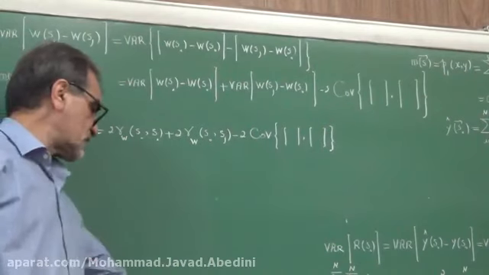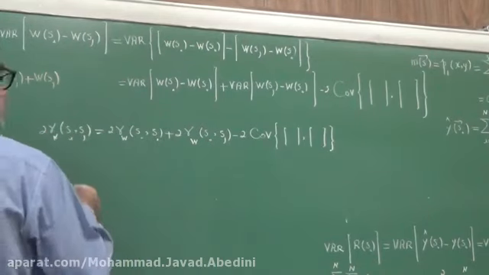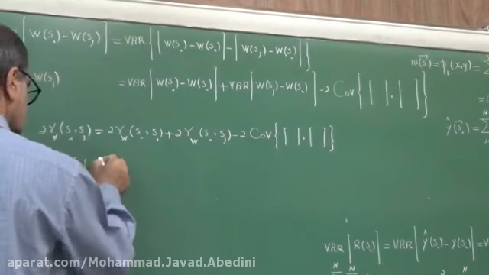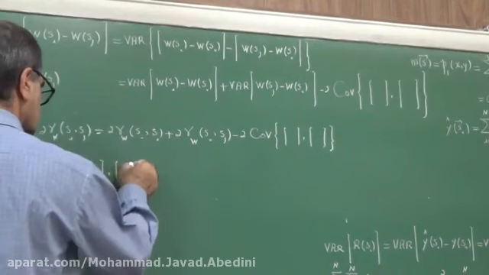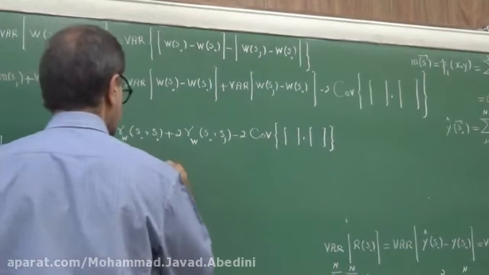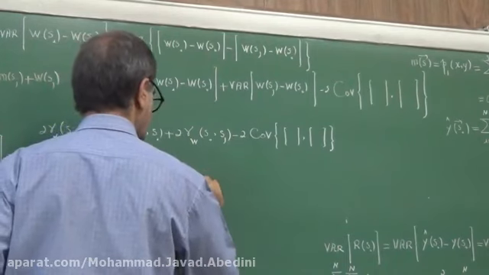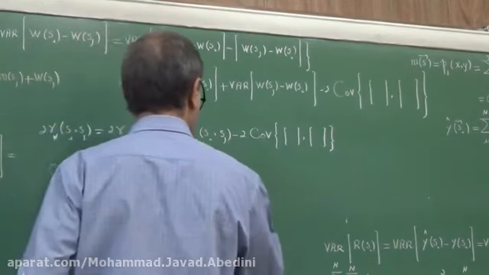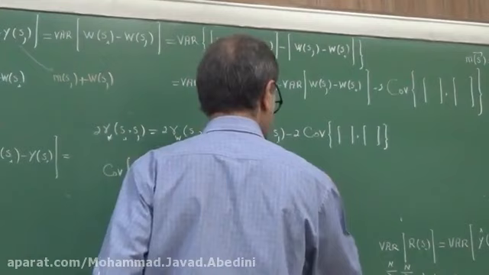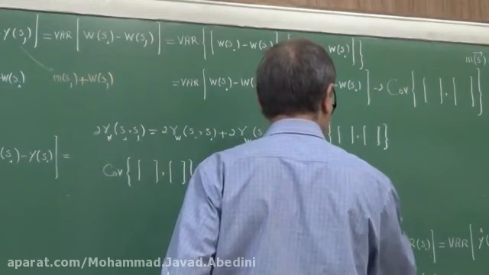I have to replace this covariance with what remains. This covariance, if we divide both sides by 2, can be written as gamma W S0 Si plus gamma W S0 Sj minus gamma W Si Sj.